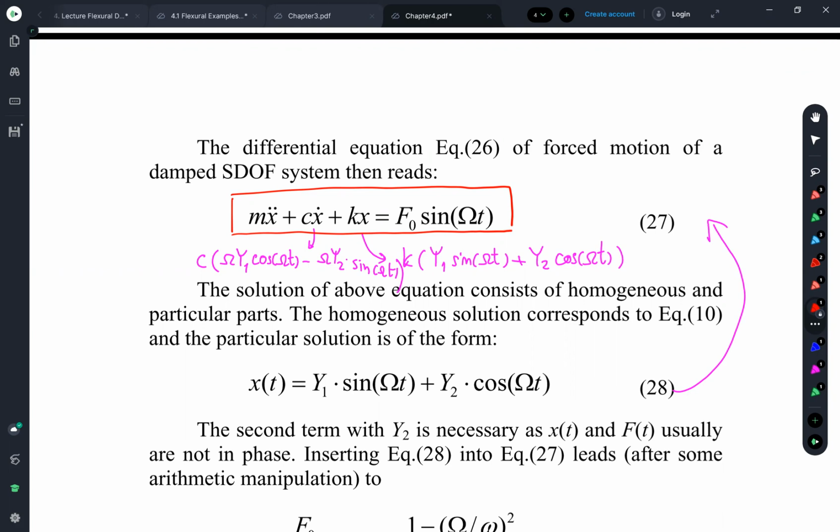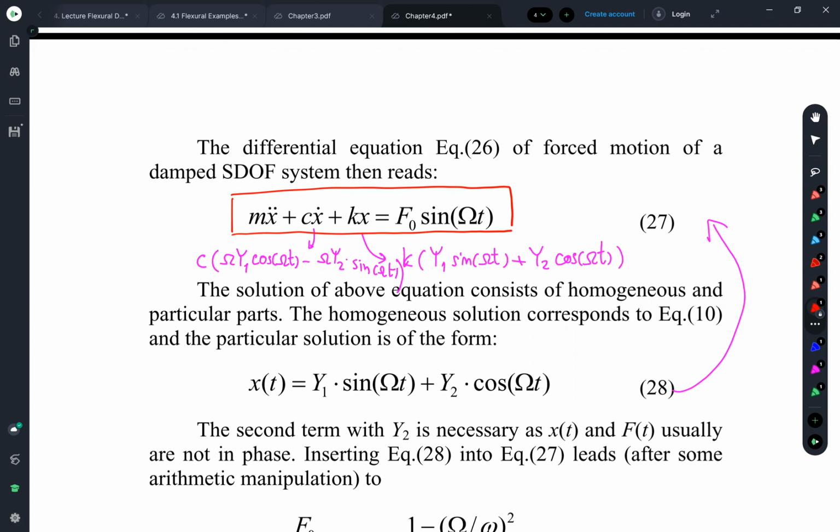And to make the left-hand side equal to the right-hand side, if you have learned about differential equations before, you can imagine that we have to assume the form of x so that the left and the right are equal.